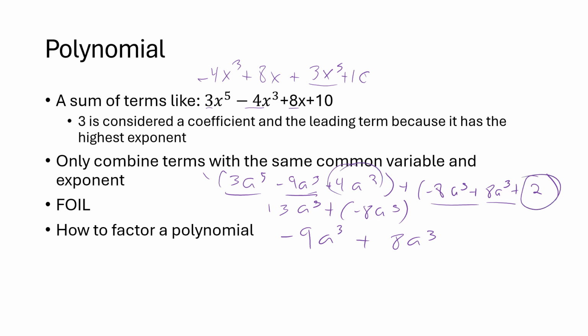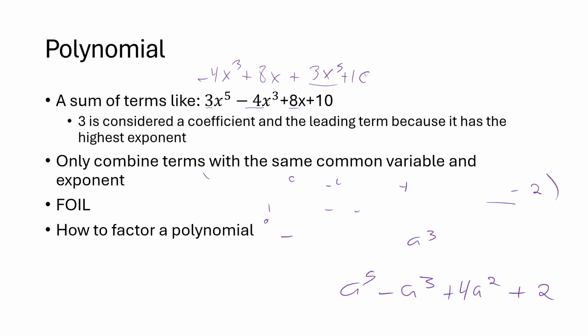So adding these together, we get negative 5a to the fifth minus a to the third plus 4a squared plus 2. Yeah, that is correct. So whenever you try to combine like terms, just understand as long as they have the same base, you can do whatever you want with them because of the exponent rules that we're talking about.